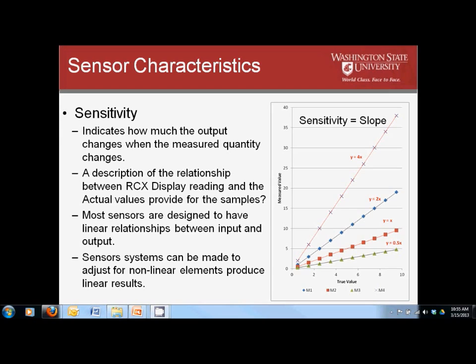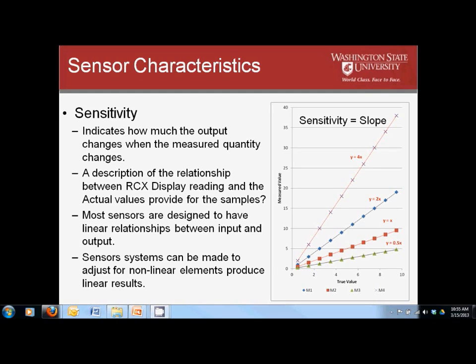A slope less than 1 indicates that the measured value changes more slowly than the true value. And of course, slopes greater than 1 indicate that the measured value is very sensitive to change and shows small changes more easily.